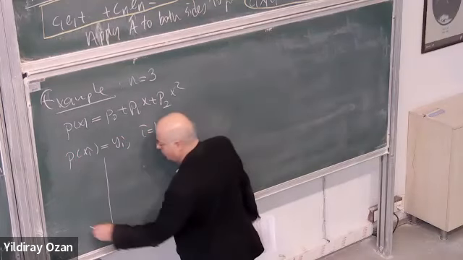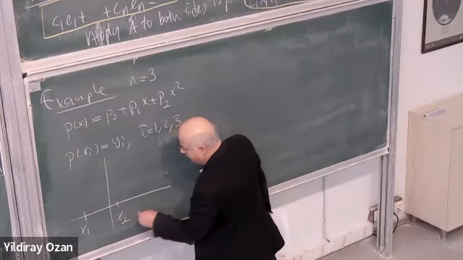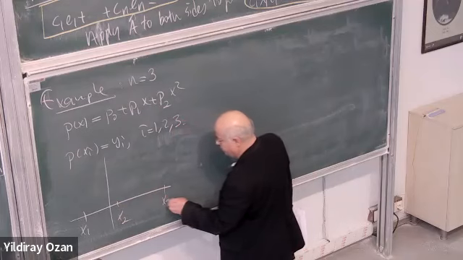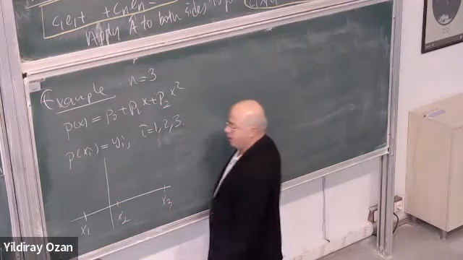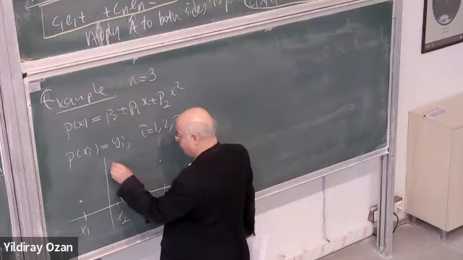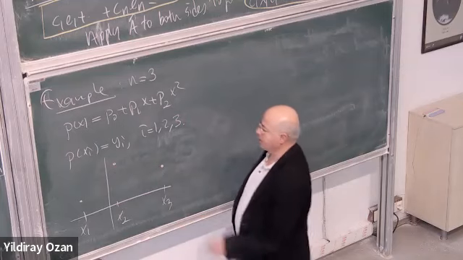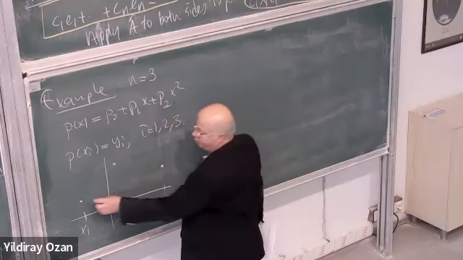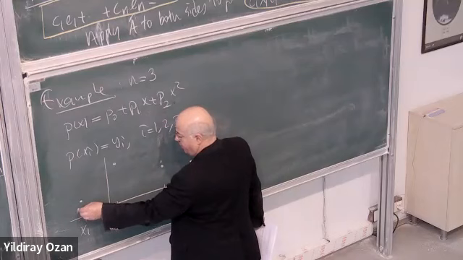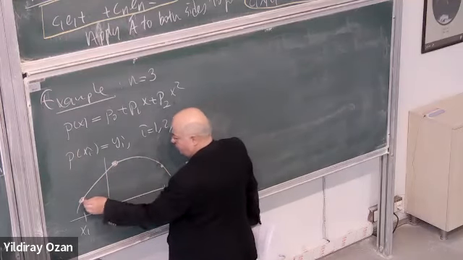Okay, so what we mean is this: we have, let's say, 3 real numbers, and at these 3 real numbers the values of the polynomial are given like this, and I want a quadratic polynomial that passes through these points.